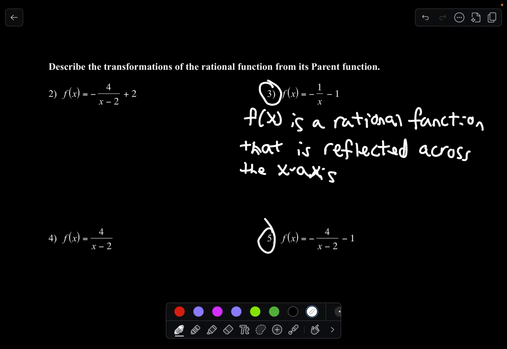All right, and it's translated, shifted, if you will, down 1 unit.